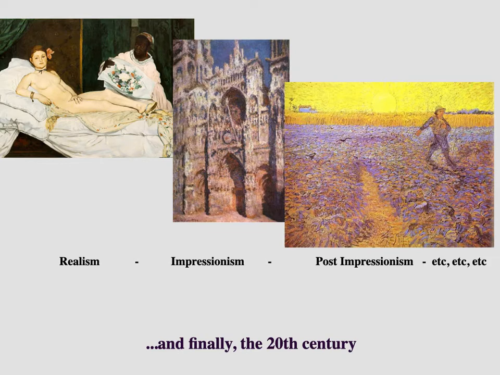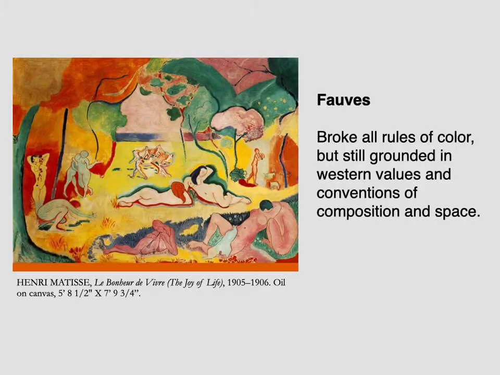And finally, we get to the 20th century, where artists like Matisse and his group, the Fauves, broke all the rules of color, the envelope having been pushed by the post-impressionists. But still, they were grounded in the Western values and conventions of composition and space.